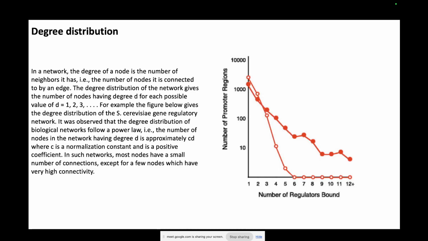Think of it in a biological sense. If that particular gene is somehow mutated, or knocked out, or something happens to the gene, a lot of diseases can emerge. That is not actually very favorable from a biological point of view. So the idea is to have a lower number of nodes with such a high number of degrees, because if something happens to that particular node, a lot of the graph will get hampered.